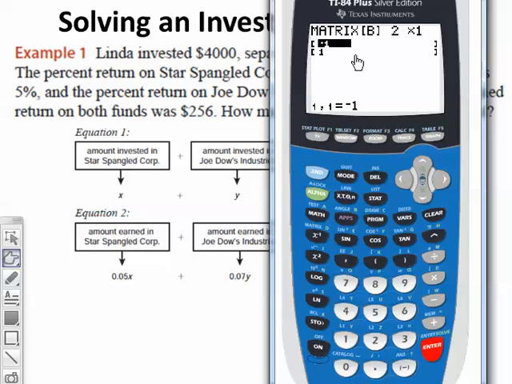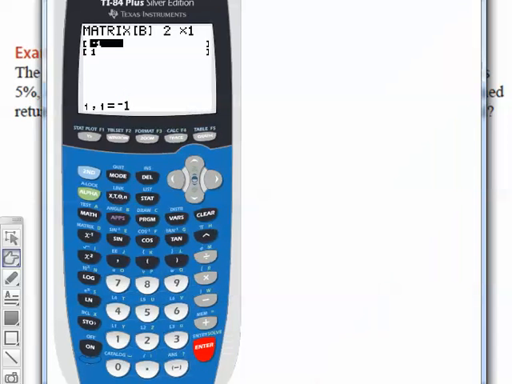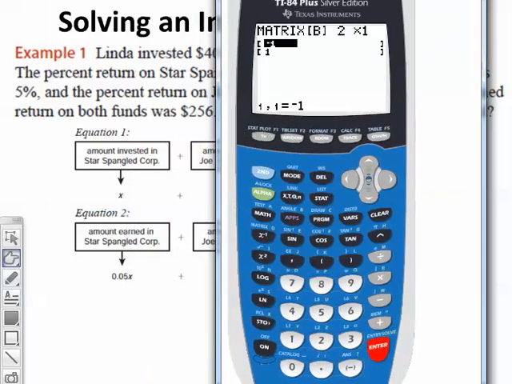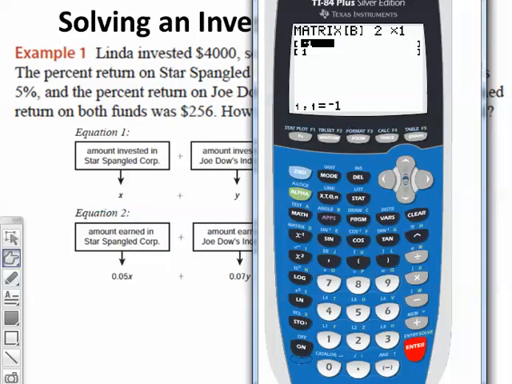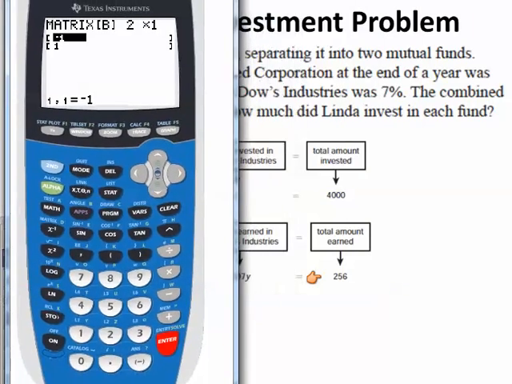And the values that we have here are, move the calculator over so I can see them. Oop, not stretch the calculator out, move the calculator over. Thank you very much. $4,000 was the first one. And the second one was $256. Enter.